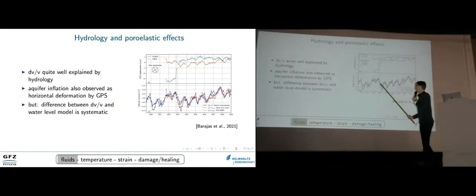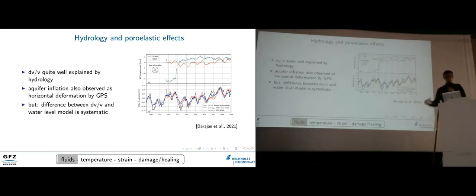However, there are some differences here between the predicted and the observed changes, and these are rather systematic. So there was another type of information that was inferred here, because when it rains, the water doesn't rain into the groundwater; it rains on top of the surface.